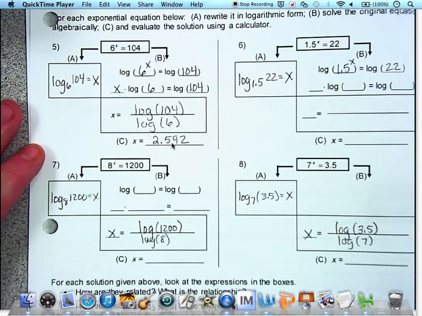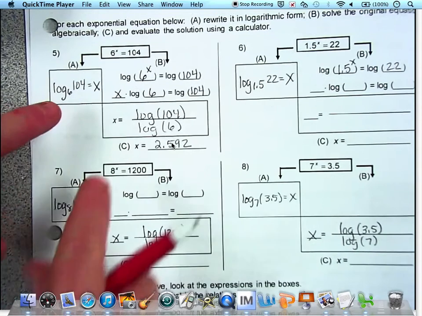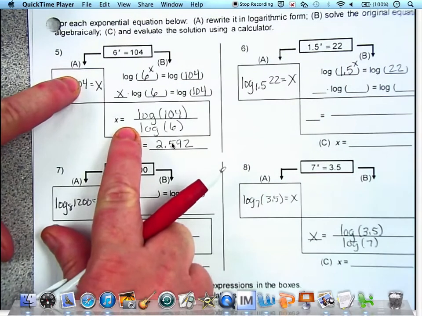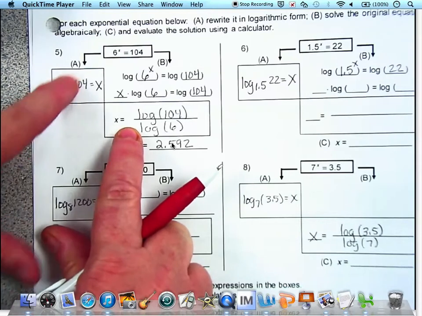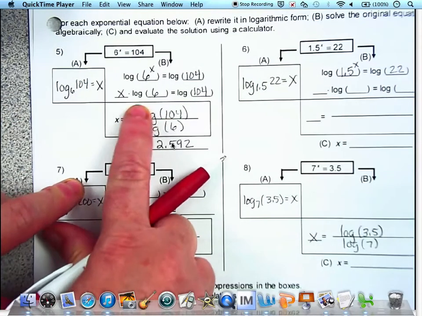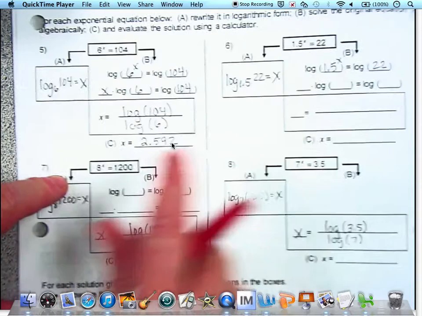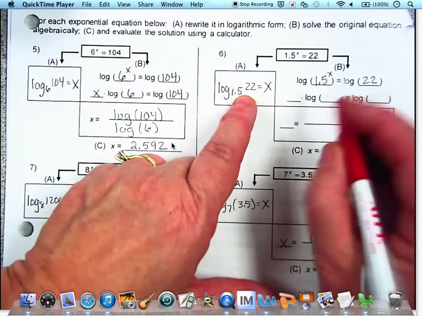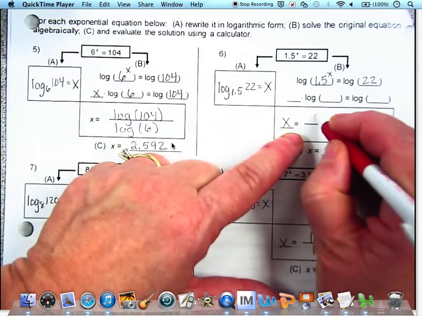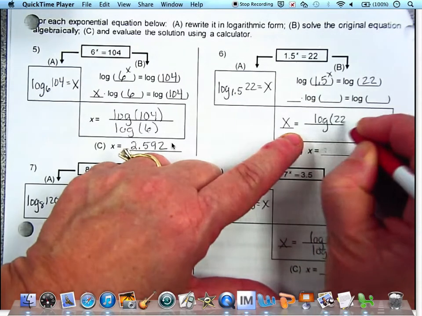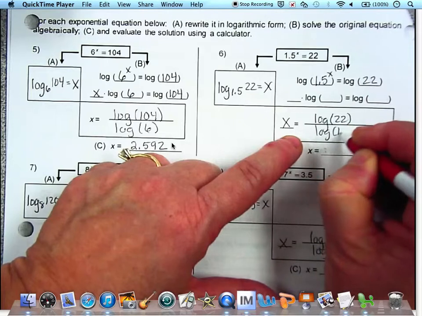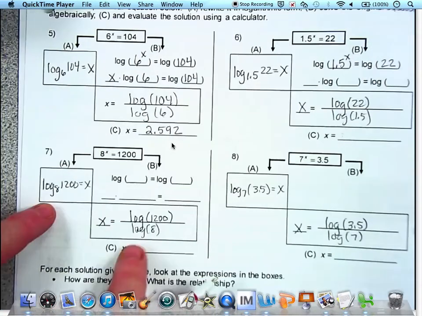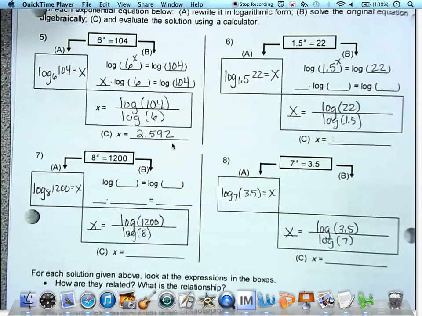Okay, those two are finished. They want you to compare the two boxes in each problem. So like what's inside this box compared to what's inside this box. And then the same thing over here, what's inside this box to what's over here. Same thing down here, and see if you see a pattern.